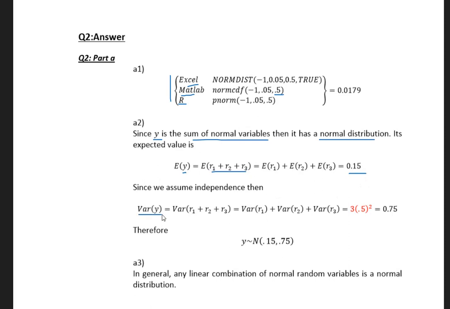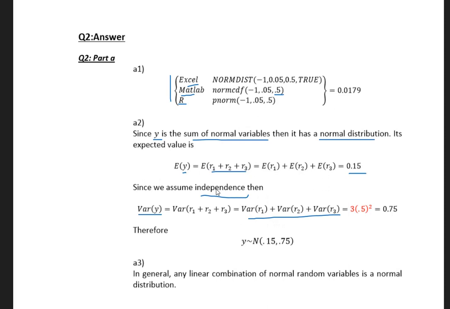And for the variance or standard deviation of this normal distribution, we use the variance formula, and we use the independence property, and we simply drop the covariance factors. Note that here there are only variances.